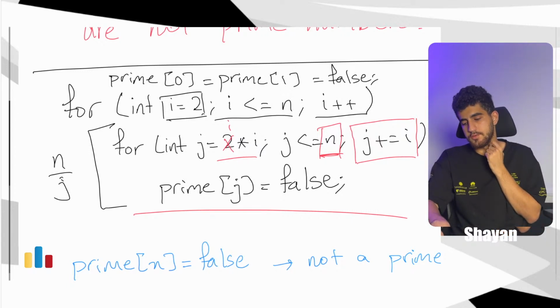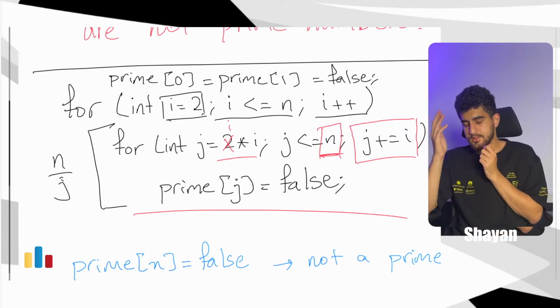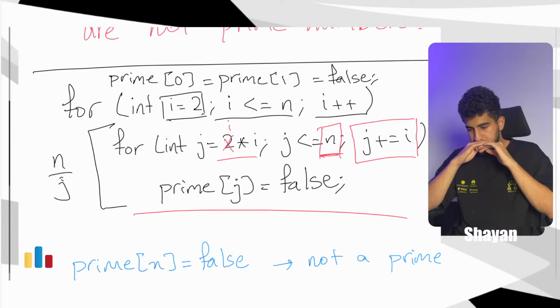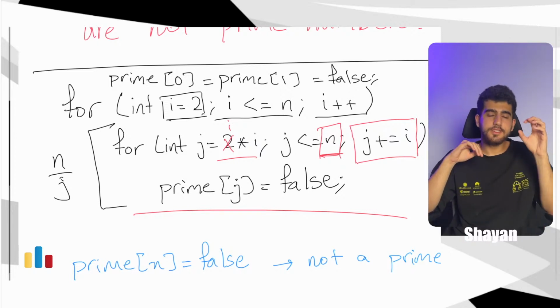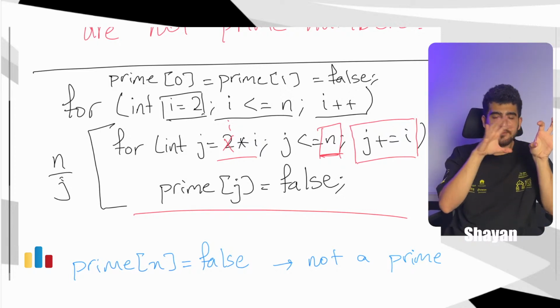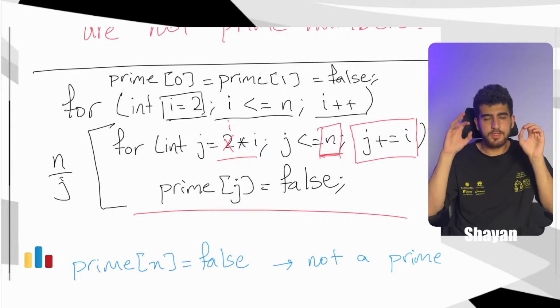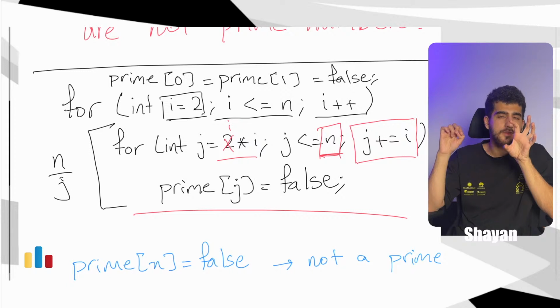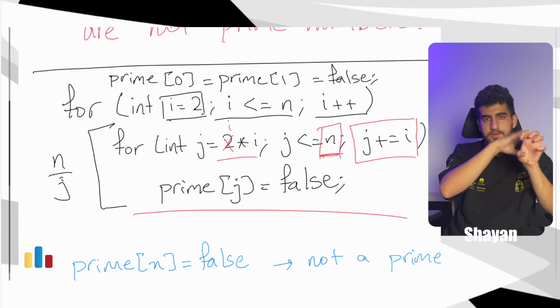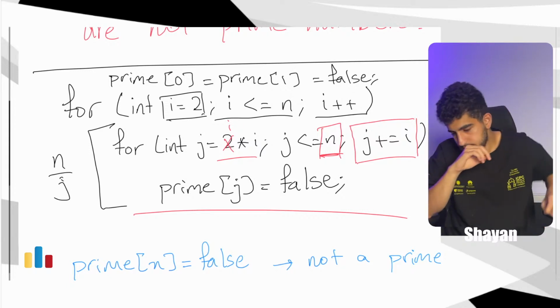Why would this also work? Because for any number, you want to find just one number that divides it. You show that a number is not prime if you find just one number that divides it, right?